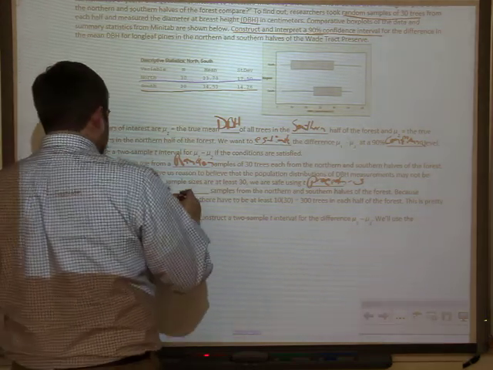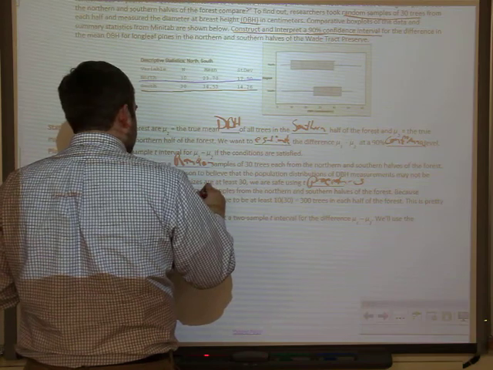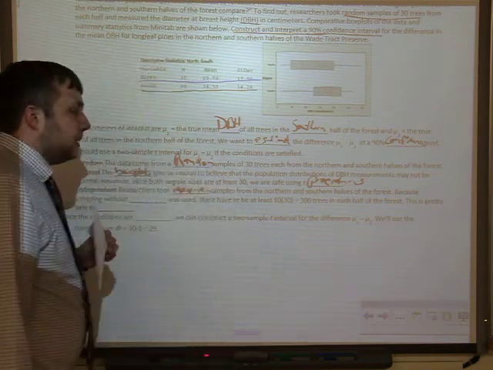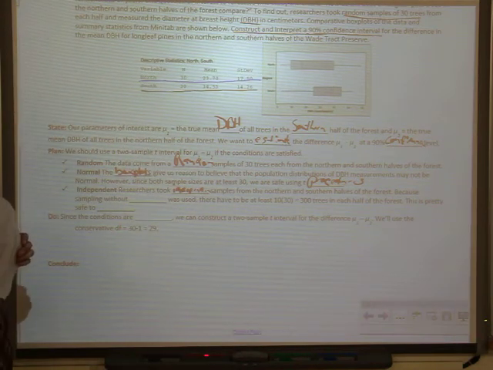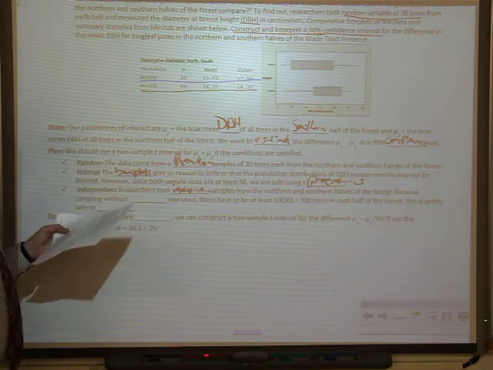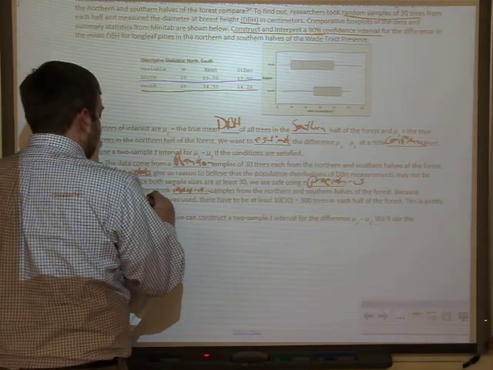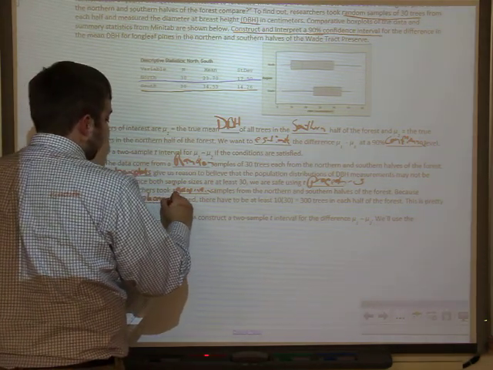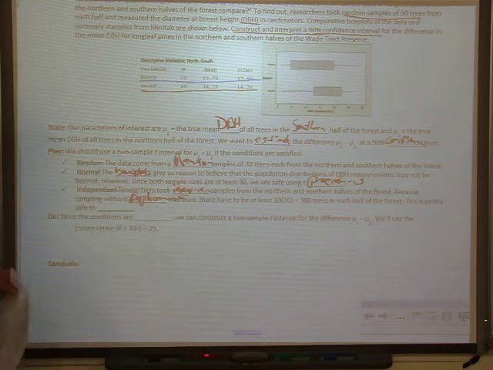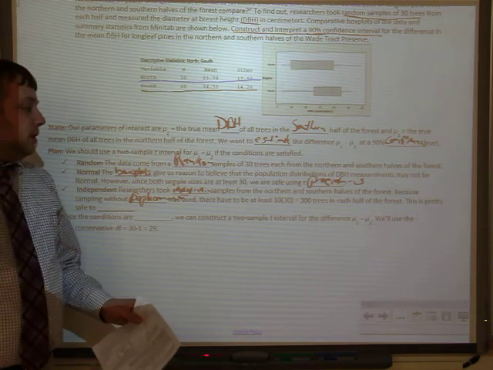Researchers took independent samples, meaning they didn't require or depend on anybody else. Because sampling without replacement was used, there has to be at least 10 times as many, the 10% rule, remember?